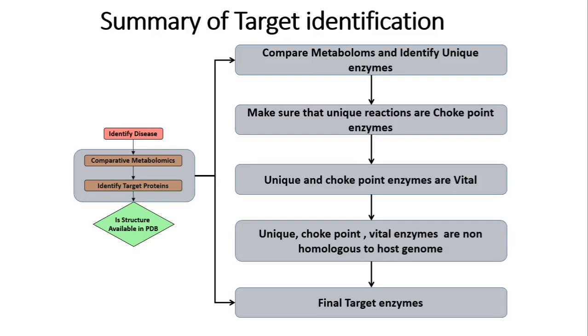Okay, so such an approach is called the subtractive genomic approach, or such an approach is also sometimes referred to as the reductionist approach. Okay, and in this way you end up with a final set of enzymes that can now be further used as drug targets.